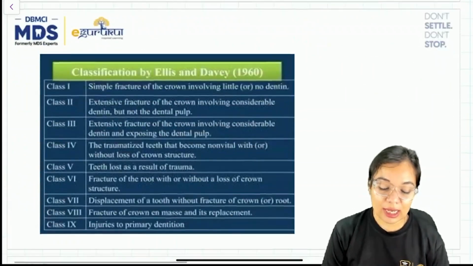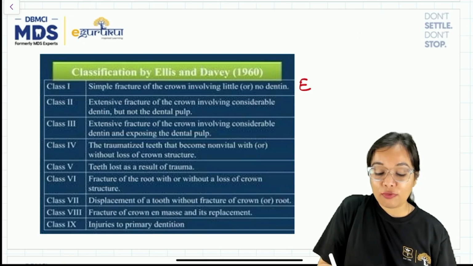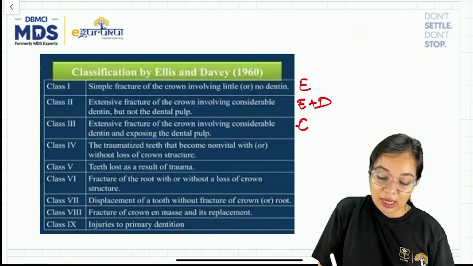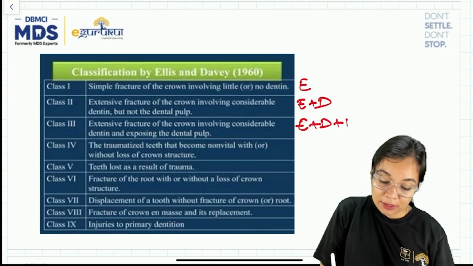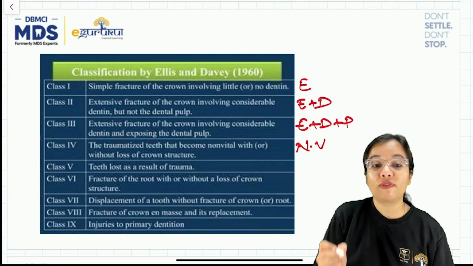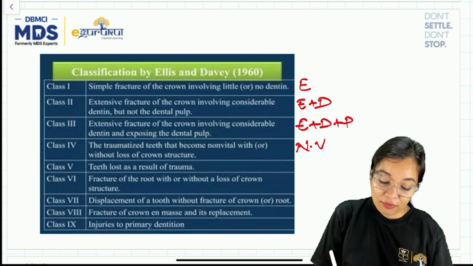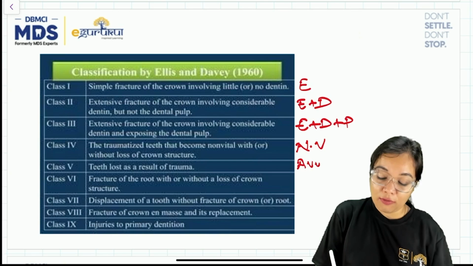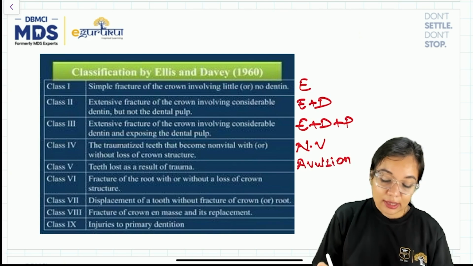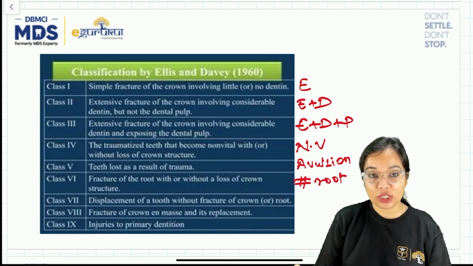So this is the Ellis fracture classification. Class 1 means where enamel is involved, 2 means where enamel and dentine are involved, 3 is where enamel plus dentine plus pulp is involved, 4 is when it becomes non-vital with or without loss of crown structure. Class 5 is tooth lost or avulsion. Class 6 is fracture of the root with or without loss of crown structure.